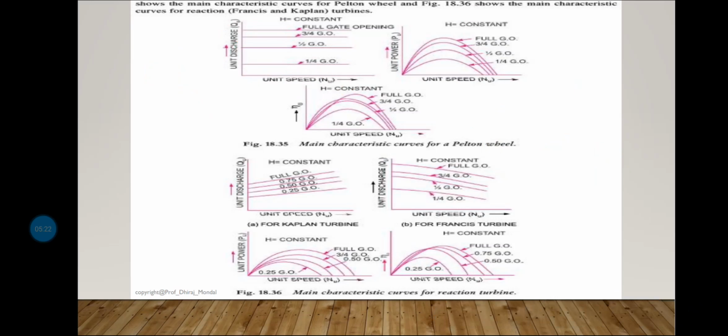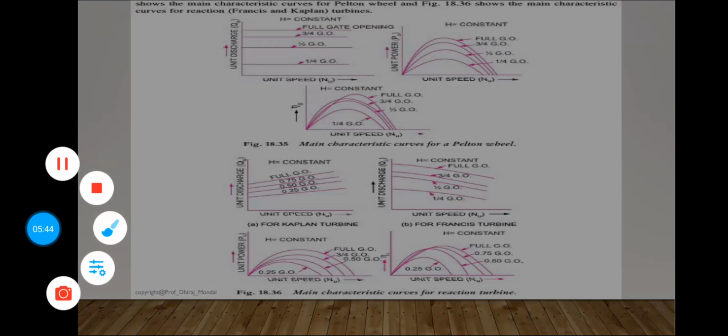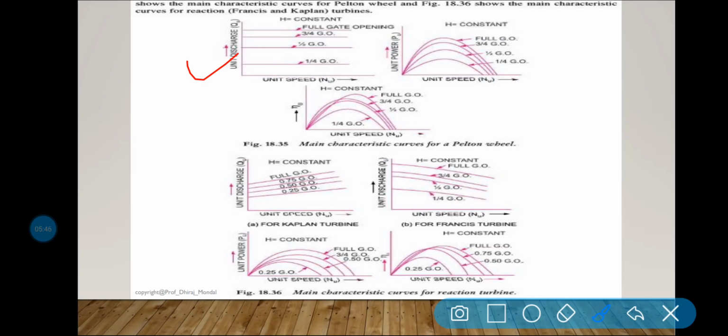We are plotting the graph between unit discharge and unit speed, where head is constant and it is full gate opening, like 100% water supply is given. Then one-third gate opening, half gate opening, one-fourth gate opening. So this is the graph you will get between unit speed and unit discharge under different gate openings.